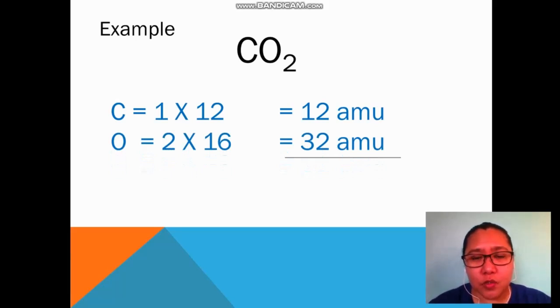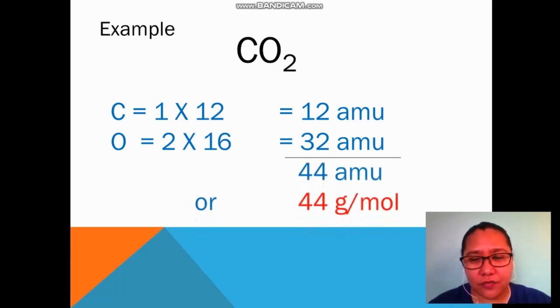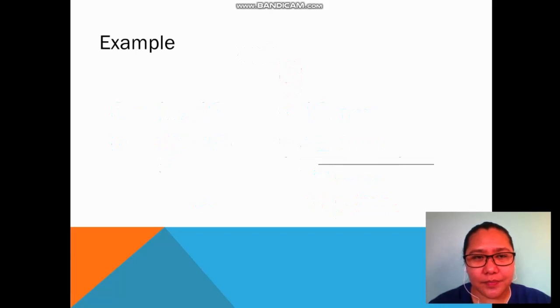Multiply that by 2 because we have 2 atoms of oxygen present in our compound. So we have 12 and 32 to give us 44 grams per mole as the molar mass of carbon dioxide.